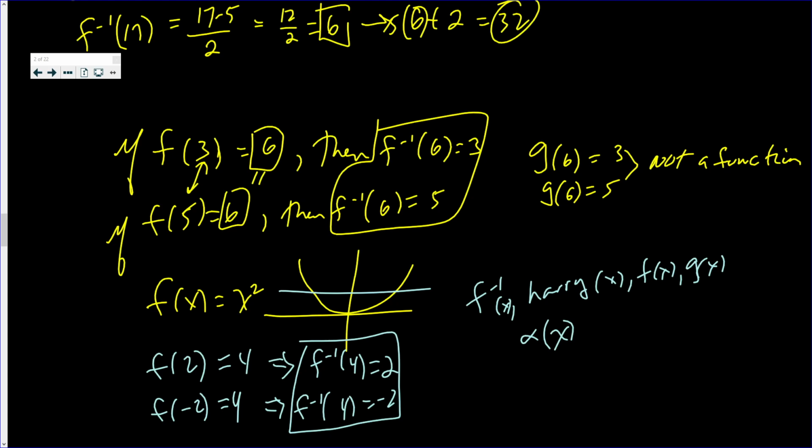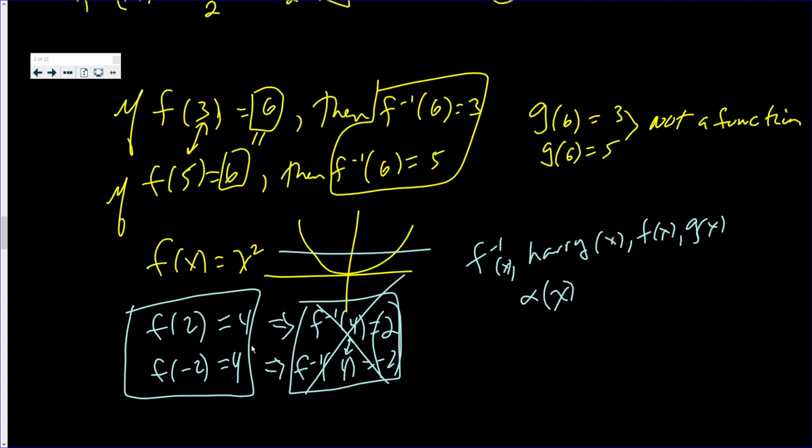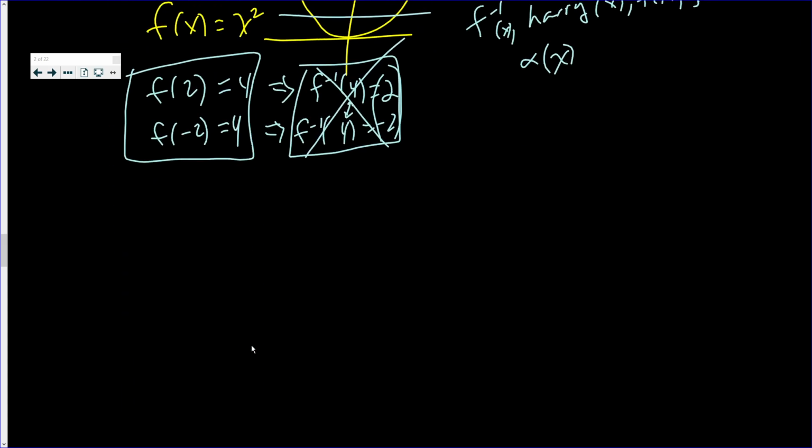You can't evaluate a function at 4 and get back 2 answers. That would mean f inverse, in this case f inverse, is not defined. Why was it not defined? Because f itself was not 1 to 1. So before you talk about inverses, you have to have a 1 to 1 function.